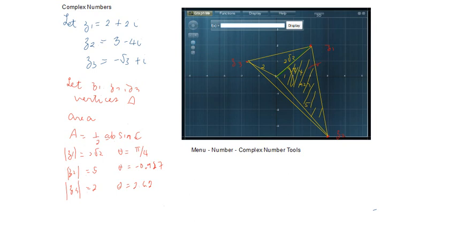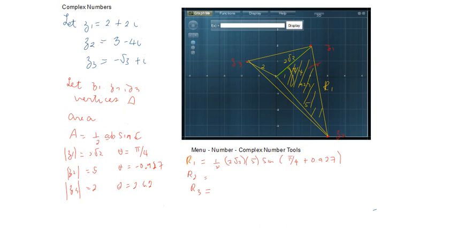So for region 1, region 1 will be 1/2 of 2 square root of 2 times 5 times sine of pi over 4 plus 0.927. Again, make sure your calculator is in radian mode. We get also region 2 and region 3.